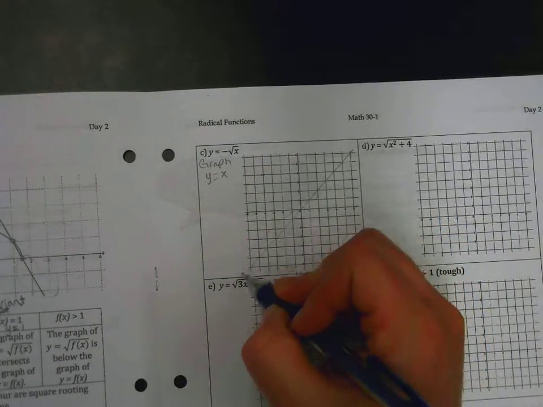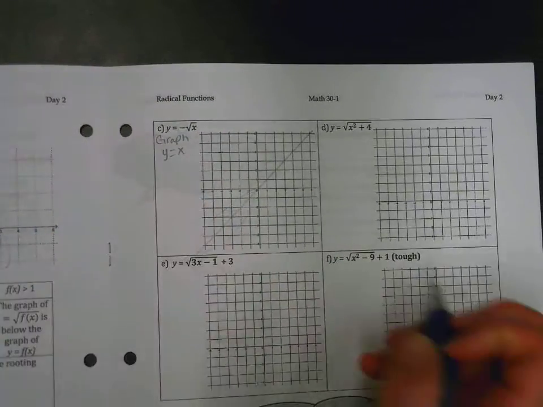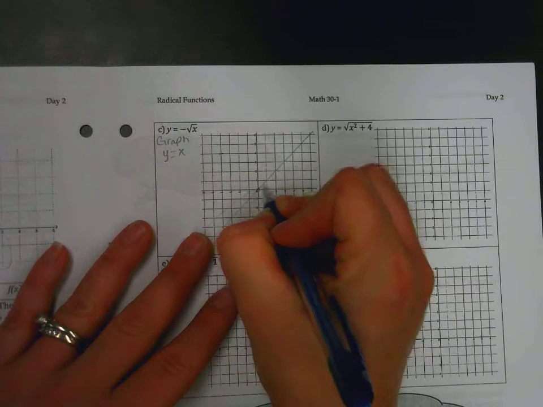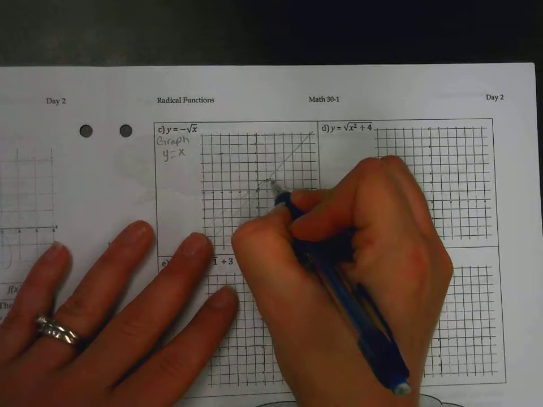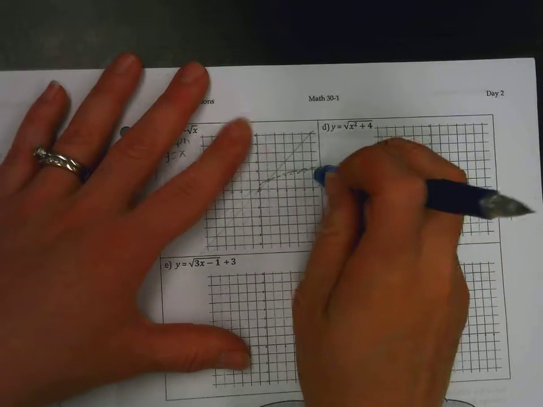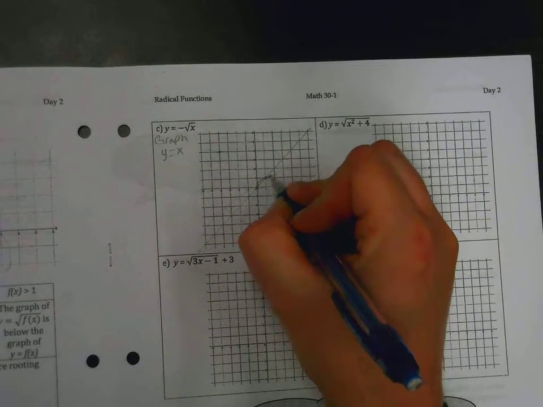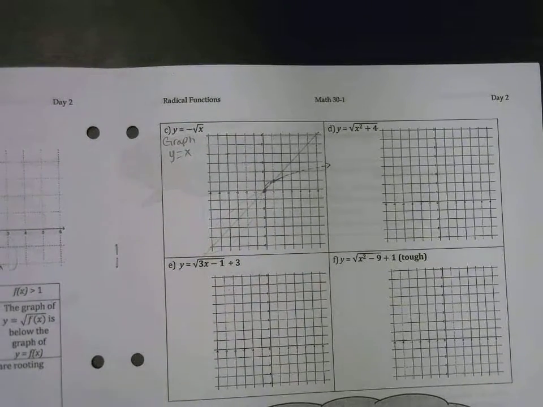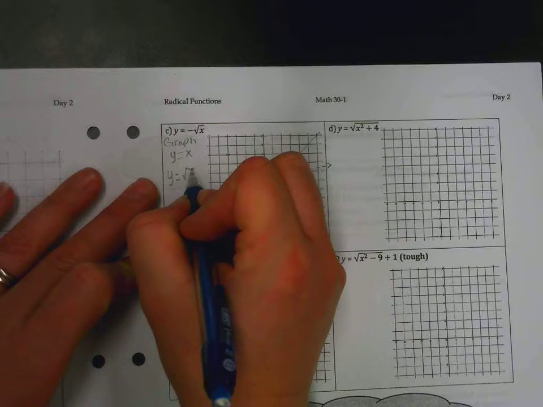Again, this is going to disappear because I can't take the square root of a negative y value. Now I'm going to draw this in a dotted line. Invariant points would be at 0 and 1. I'm going to draw my dotted line. Okay, so there it is. This is y equals root x.